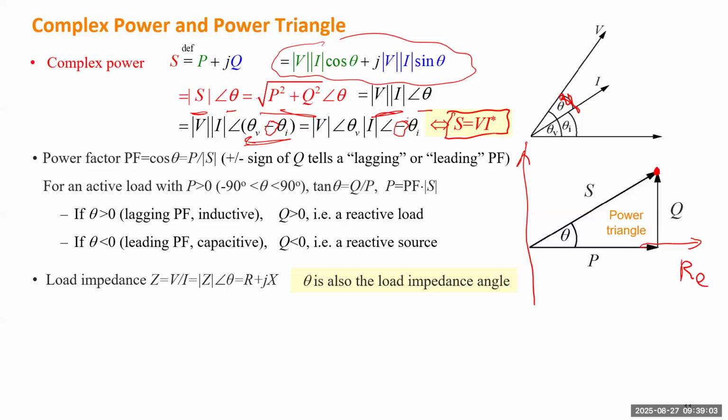If you compare this one with this one, P is similar to R and Q is similar to X. So we can draw another triangle about this theta. Those two triangles are similar to each other. This directly tells us R will be the reason causing P, and X will be the reason causing Q, and they have exactly the same angle.